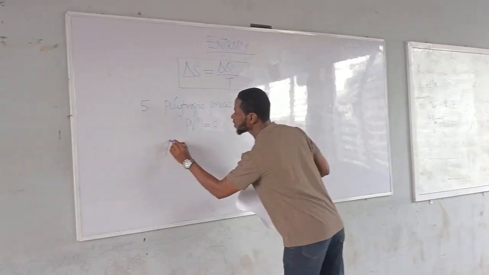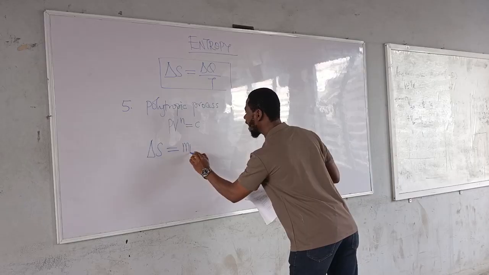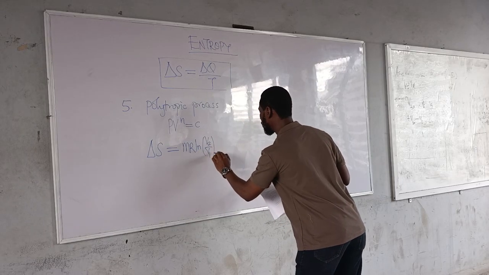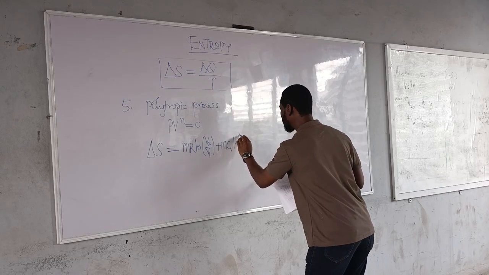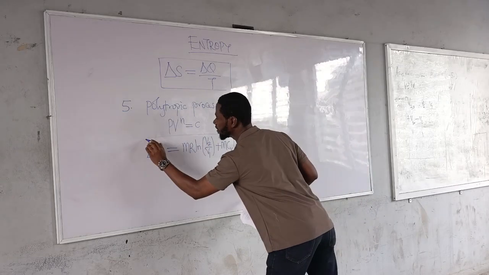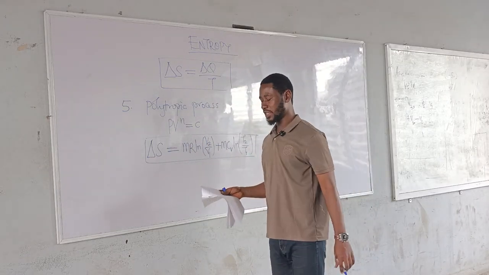The entropy change is given as change in S equals mR ln V2 over V1 plus mCv ln T2 over T1. So this is the entropy change that occurs in a polytropic process.